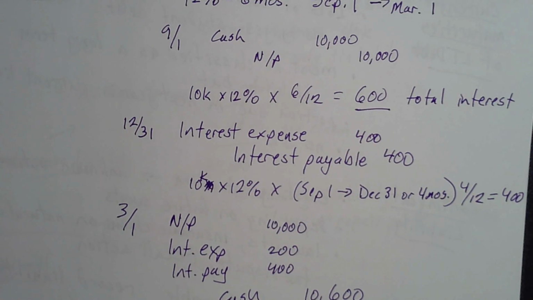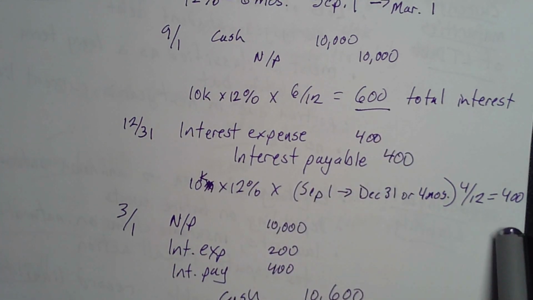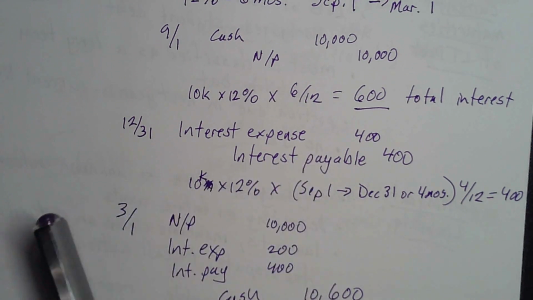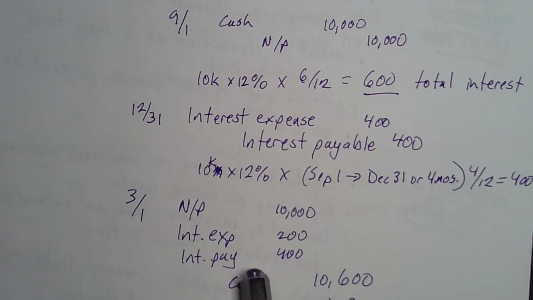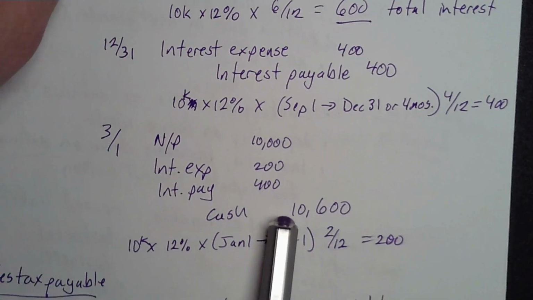Don't get tricked into thinking September is month 9, December is month 12, and 12 minus 9 is 3. Remember, there's a whole month embedded in there. So that is 4 months, 4 out of 12 months. So of that $600, 400 is recorded as an expense in this accounting period, and 200 is recorded as an expense in the following period.